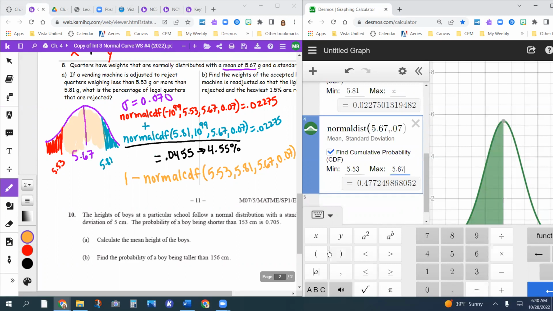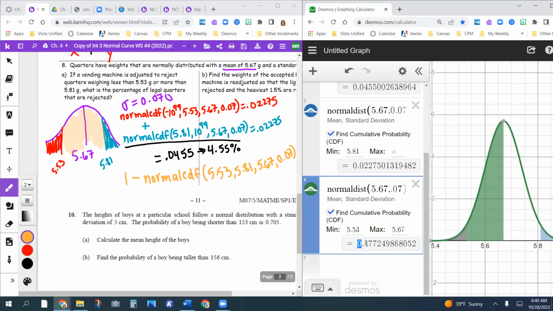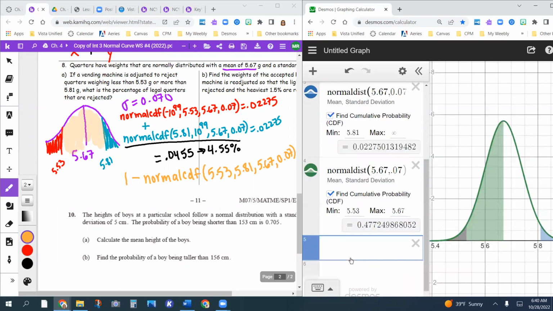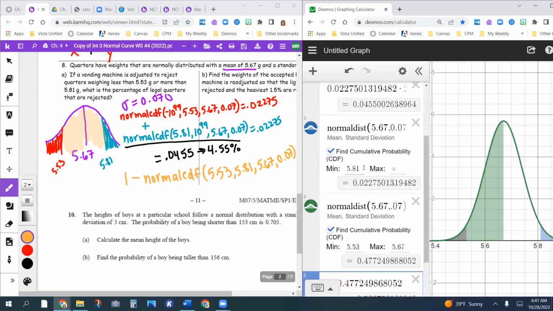And then I am going to take this and go 1 minus that. Okay. And 4.477. Did I get slightly different? Make sure I put in the right information. Oh, 0.07, making sure I just put in the right information.